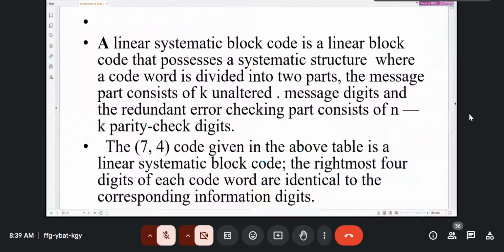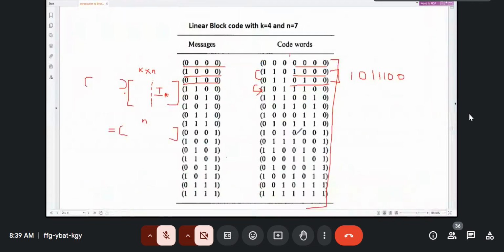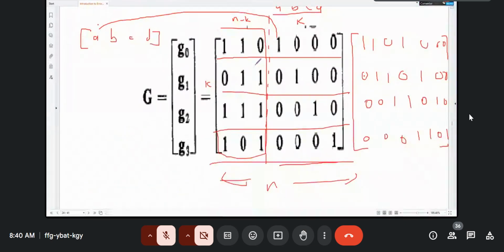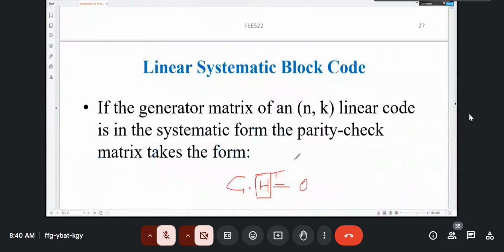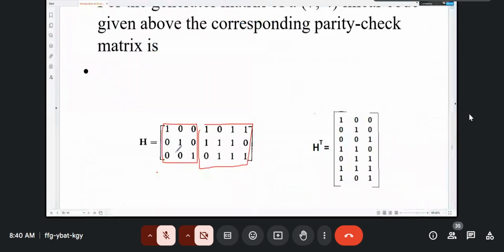Ours does not start with the message bits; it starts with the error checking bits, then the message bits, because of our generator matrix. But that doesn't mean the generator matrix can't be the other way around. We can also have a generator matrix where the message part comes first and this follows. If that happens, then the order of the parity check matrix also changes.